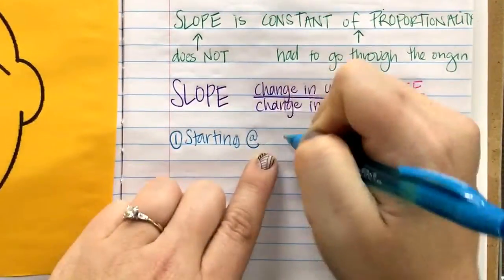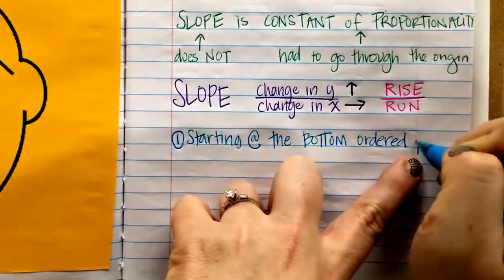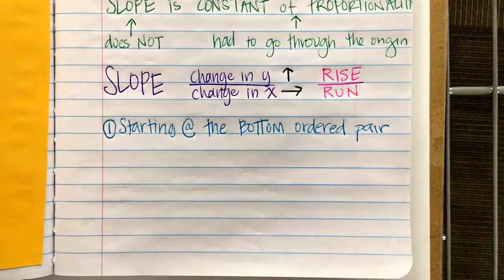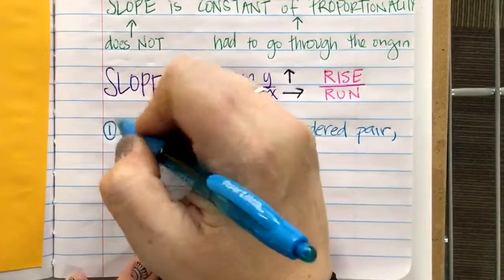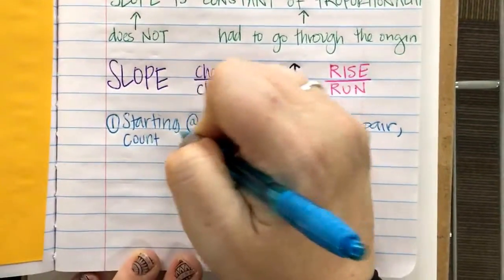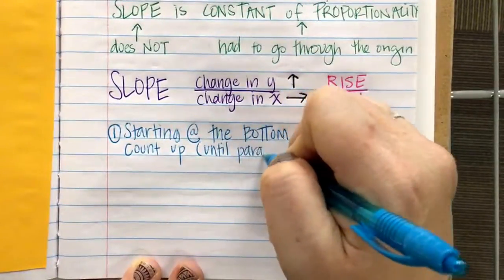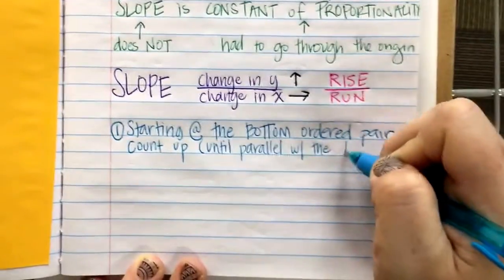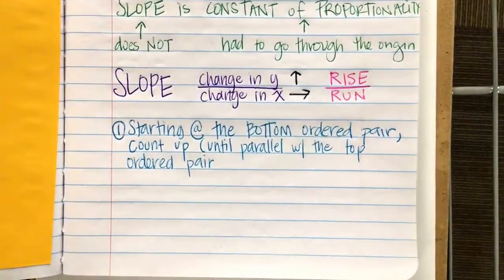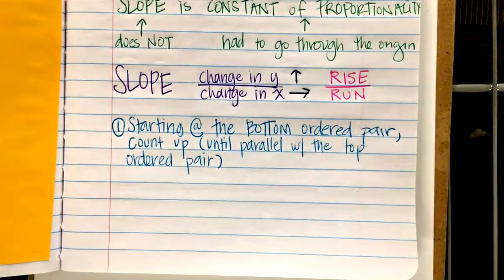Starting at the bottom ordered pair, you're going to count up until you're parallel with the top ordered pair.